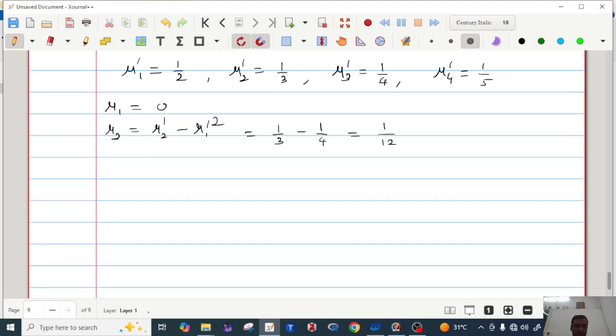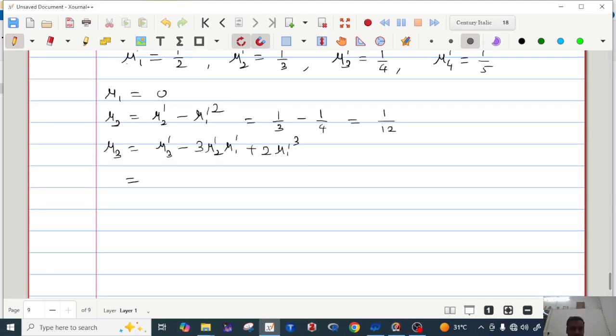Variance is 1 by 12. Now mu3 is mu3 dash minus 3 times mu2 dash mu1 dash plus 2 times mu1 dash cube. mu3 dash आपल्याला मिळाला आहे 1 by 4, minus 3 times mu2 dash आहे 1 by 3, mu1 dash is 1 by 2 मिळालेला आहे, which is 1 by 2, plus 2 times mu1 dash is 1 by 2 cube.